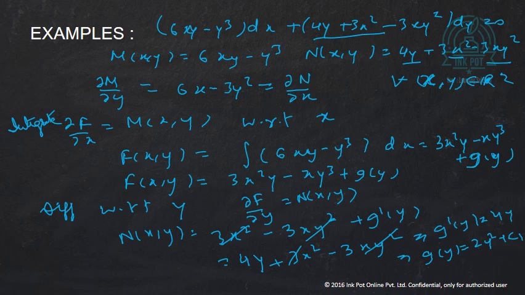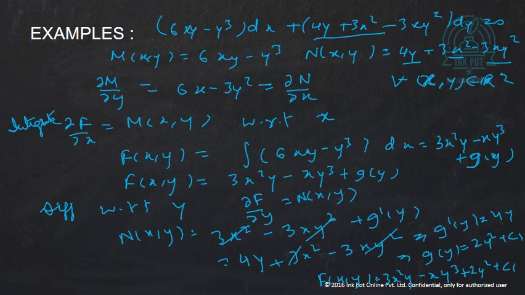Here c1 is an arbitrary constant independent of x and y, and hence we get f(x,y) as 3x squared y minus xy cubed plus 2y squared plus c1.